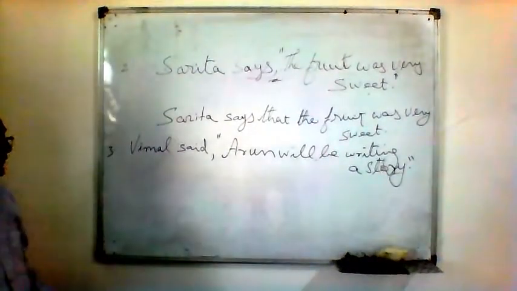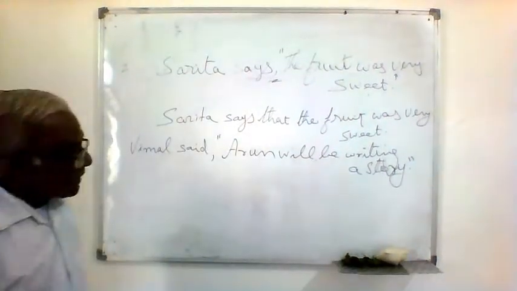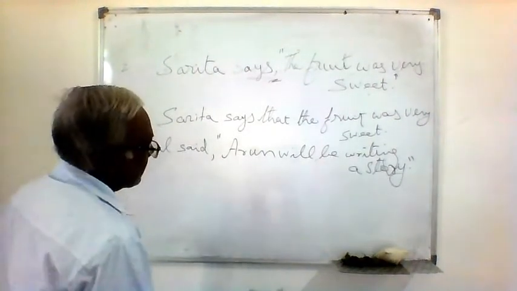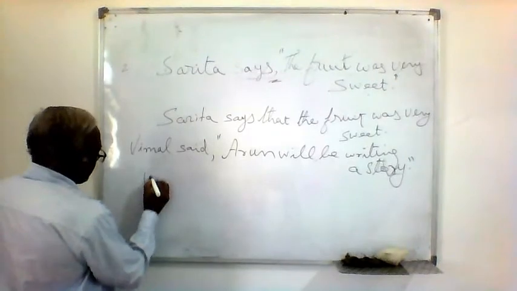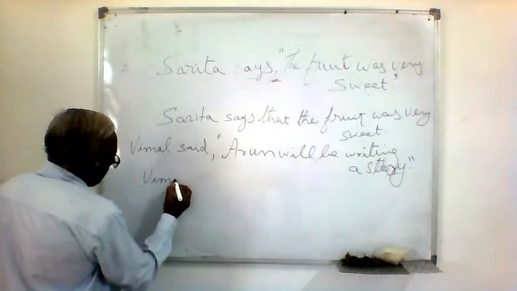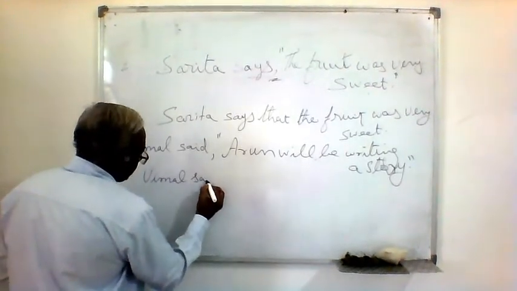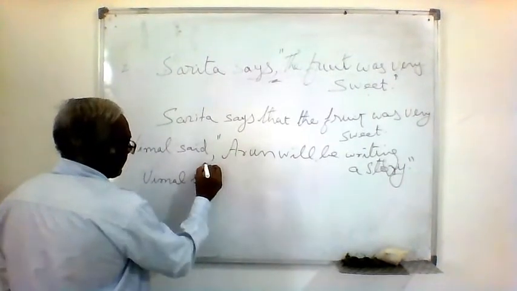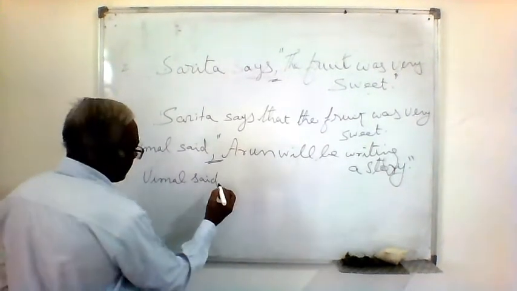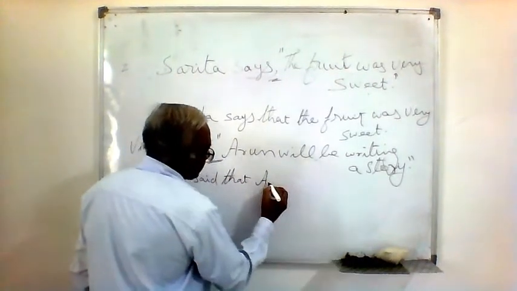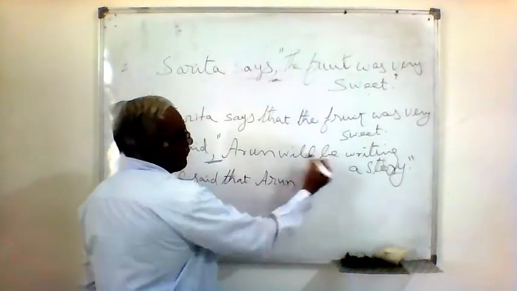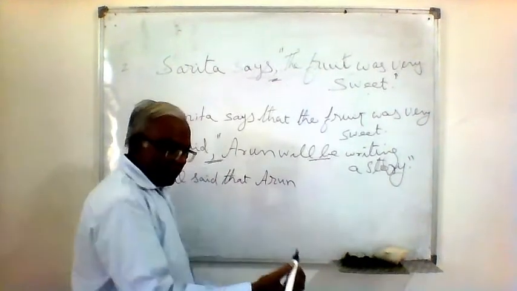Here, Vimal said, "Arun will be writing a story." Now, when we change into reported speech, Vimal said, and here we have to change the joining word. Vimal said that Arun, will be is a word of nearness.